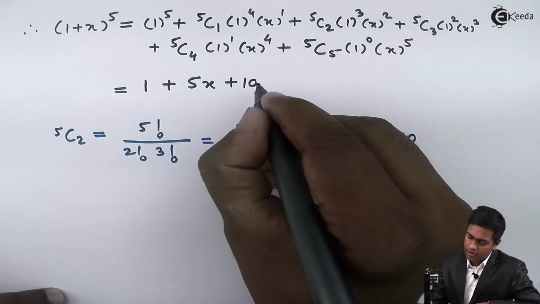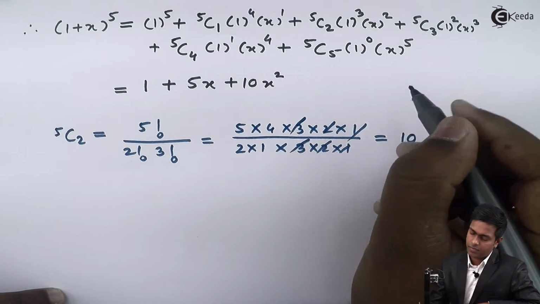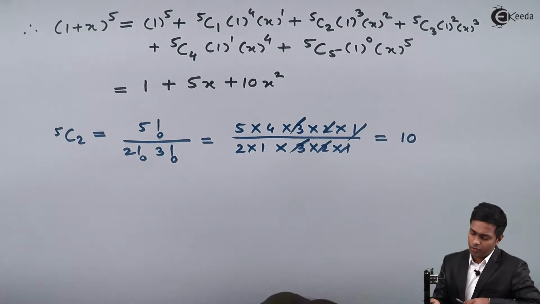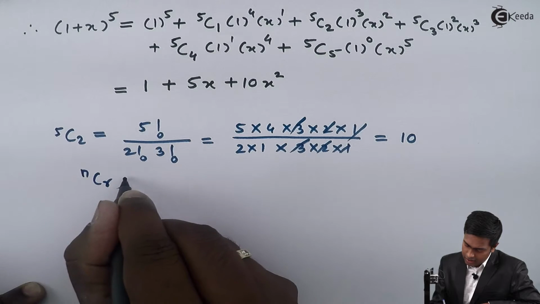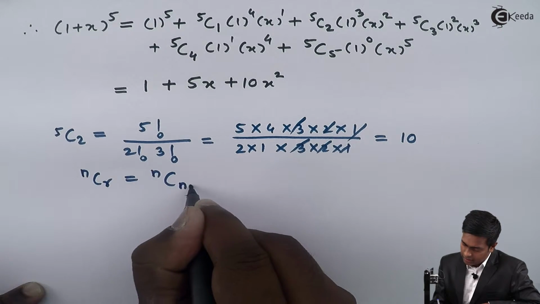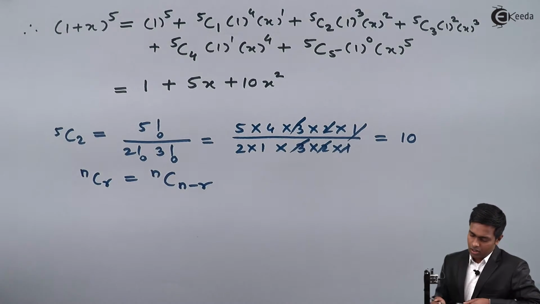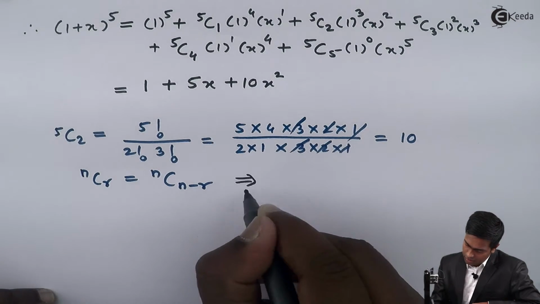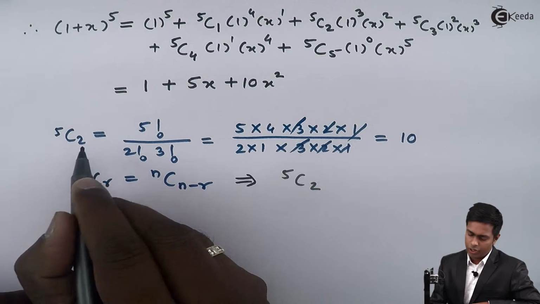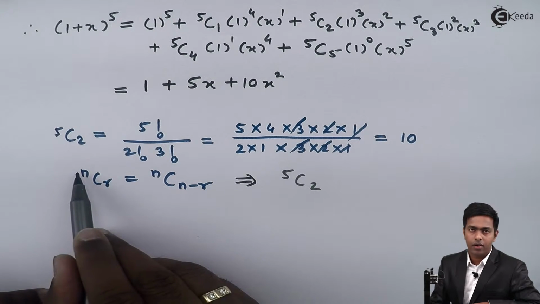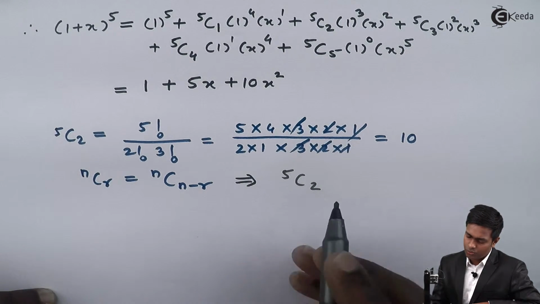1 cube is 1, then x square, 5c3. Now to find out the 5c3, I will use one more property, and that property is nCr is equal to nC(n minus r). Now see here, we got the value for 5c2 here, so it means n is 5 and r is 2.